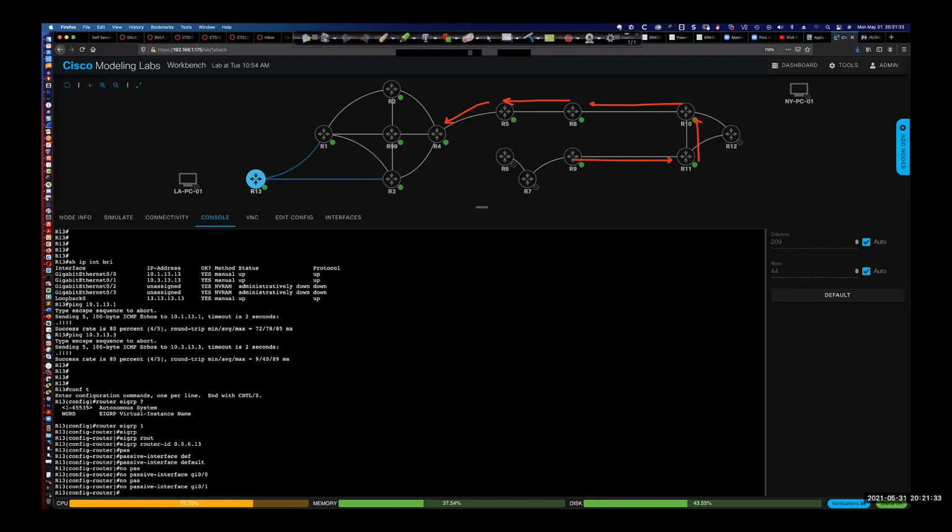Now remember, there's two ways we can approach this. We can say passive interface default, and then all interfaces are made passive by default.